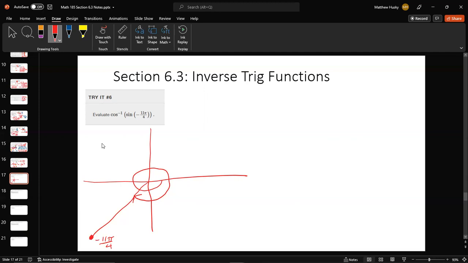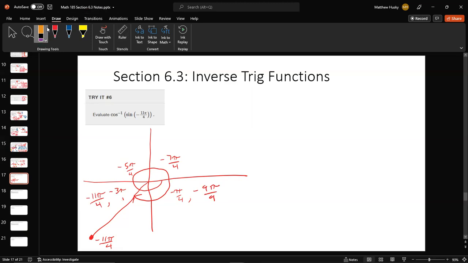The way I remember that, you're going to have negative pi over 4, negative 3 pi over 4, negative 5 pi over 4, negative 7 pi over 4, negative 9 pi over 4, and this will be negative 11 pi over 4. You're just counting odd numbers.